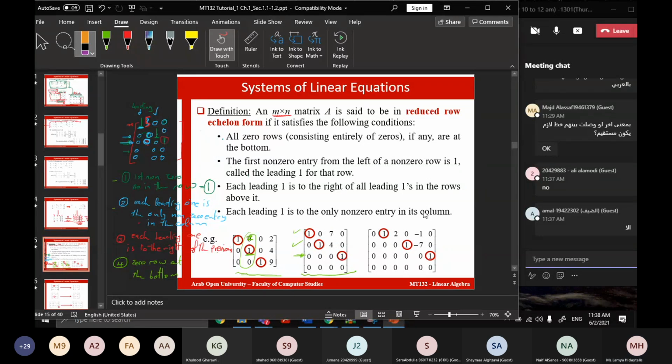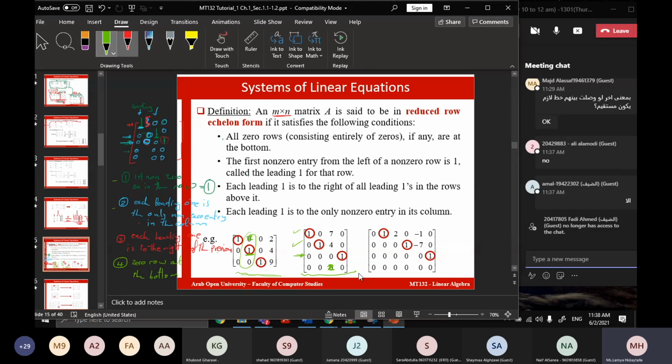Now, another question. What if I have 2 here? 2, 5, 7, minus 6, any number. What if I have 2 here? Is this matrix in the reduced echelon form?